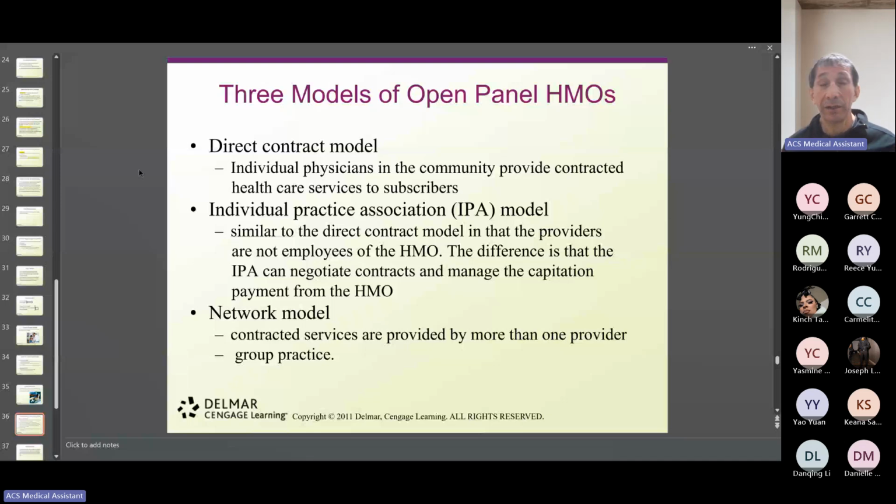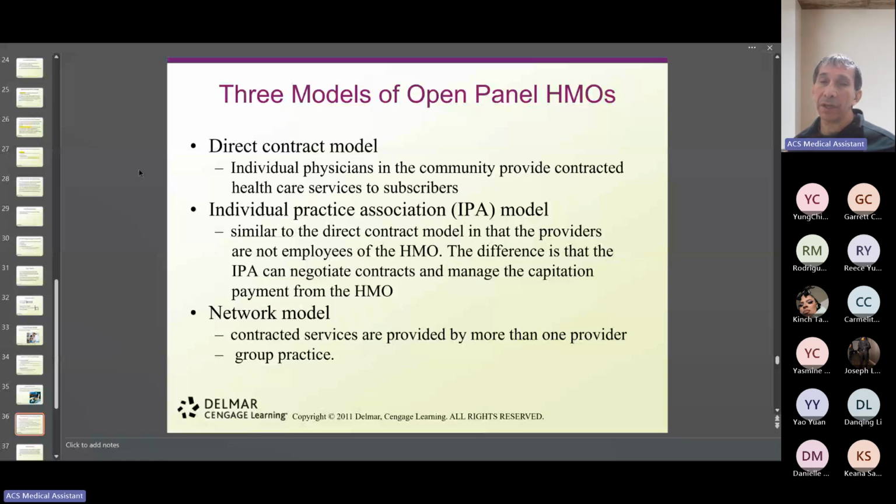And the insurance company is going to have someone that is going to provide services for their clients. So that's how it works. It's a little complex, but again, these models are more about who pays and how much they reimburse the medical provider or the hospital. That's basically what it is.